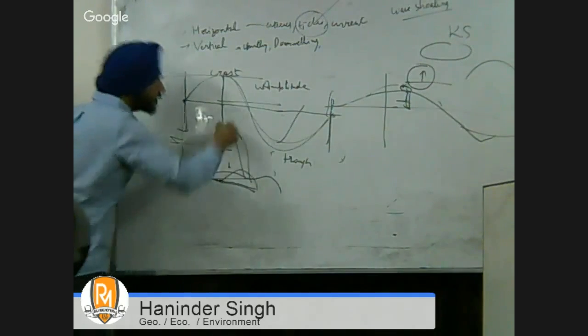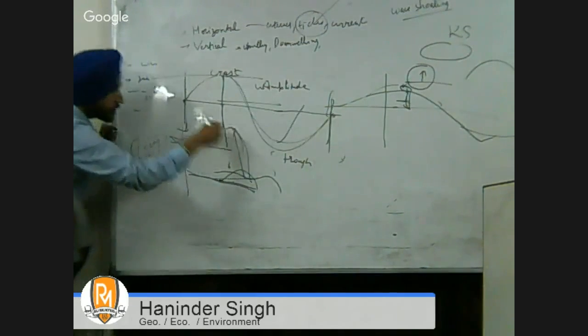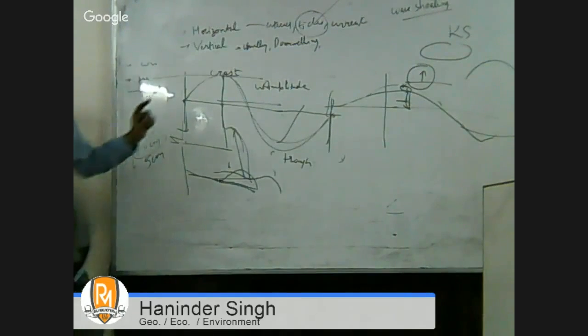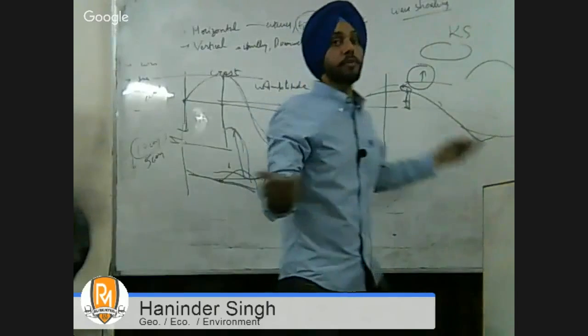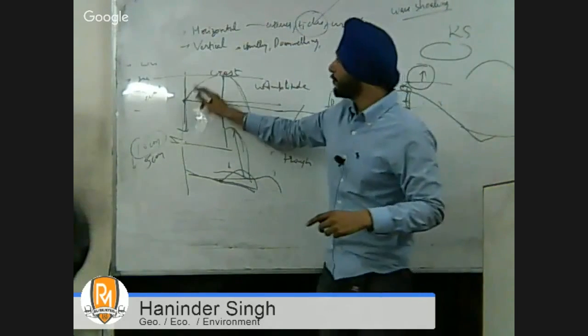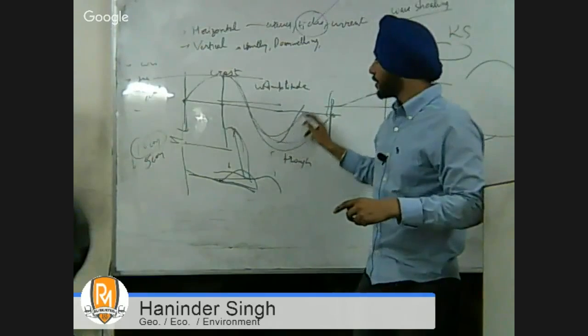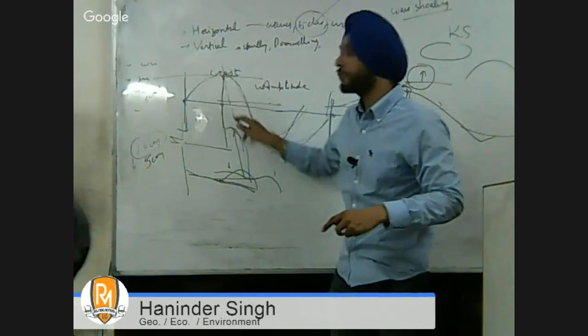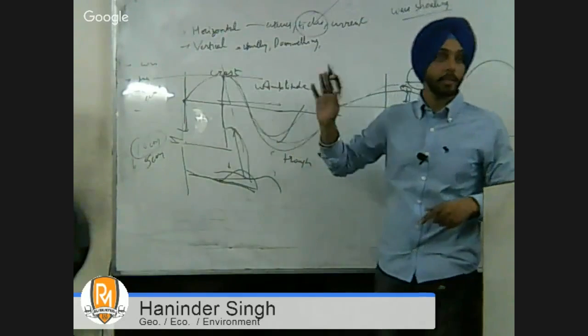This effect is known as wave shoaling, and that is how a tsunami becomes dangerous. The same concept is here: amplitude increases whenever the depth of the water decreases to half the wavelength of the wave. Okay, simple.